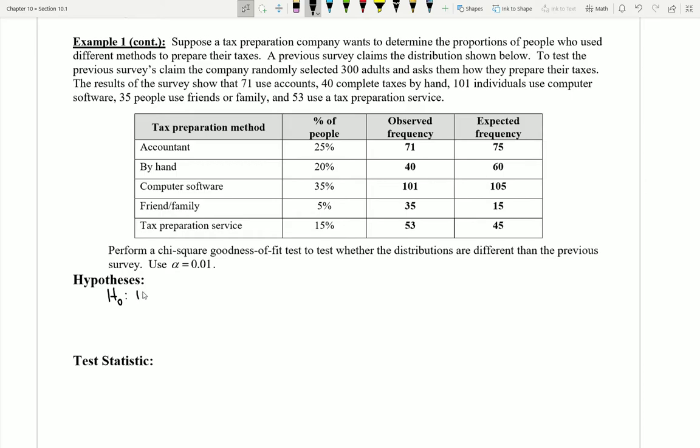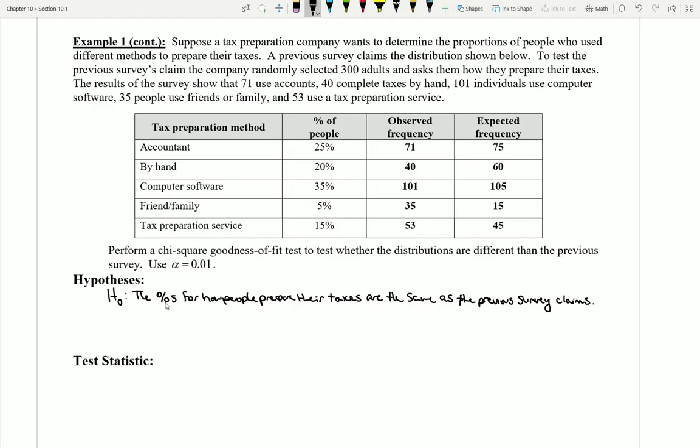What we'll state here at the beginning is that the percentages for how people prepare their taxes are the same as the previous survey claims.